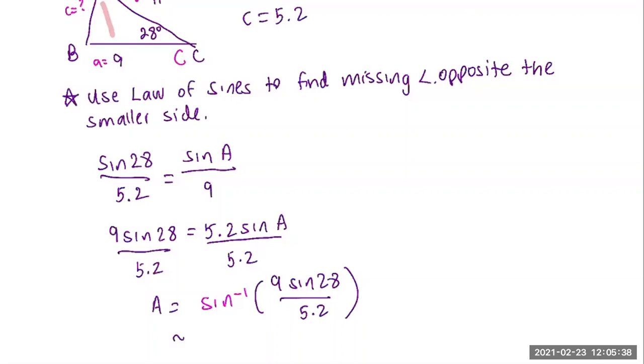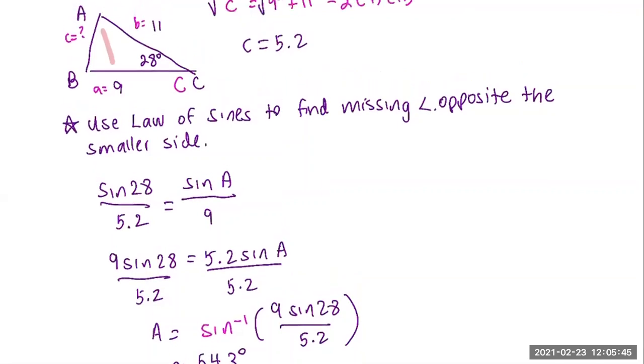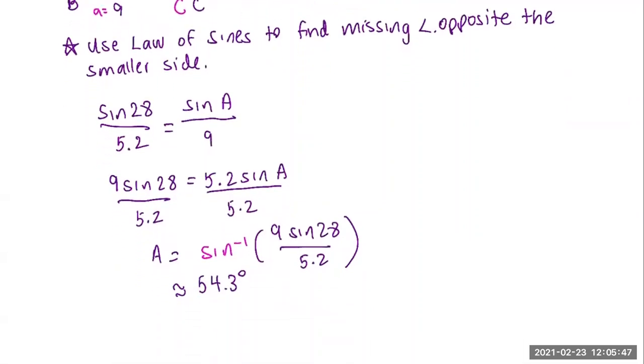Here's my next question to you guys, so 54.3 degrees. We basically have everything but angle B. How would you guys go about solving for angle B? Do you have to do law of sines again, or what would you guys do? Okay, good, you guys. Yeah, you already have the other two angles, so just simply subtract the measure of the other two angles from 180.